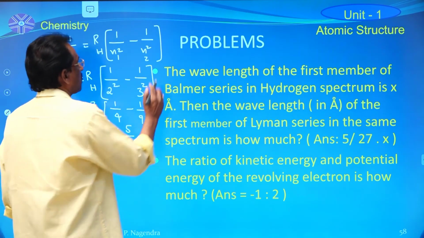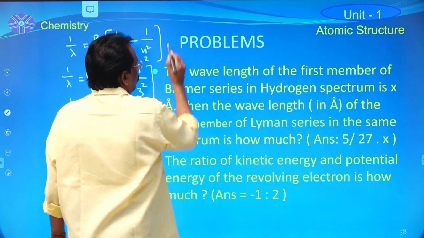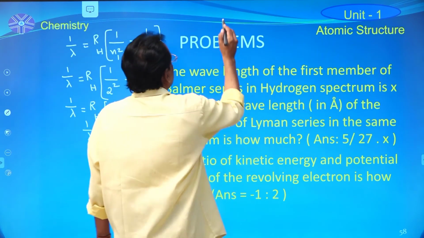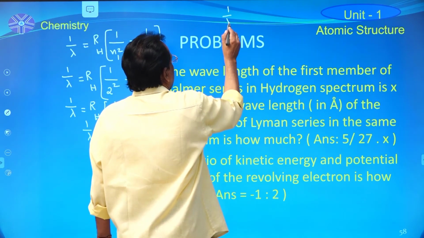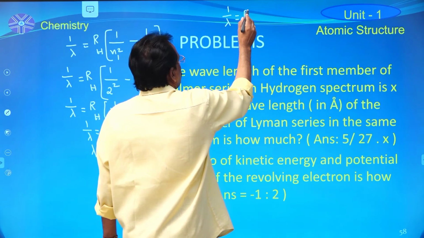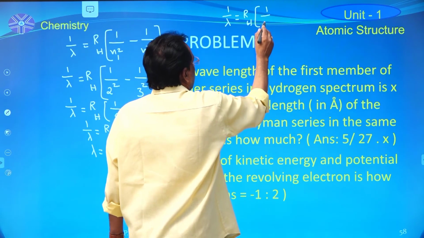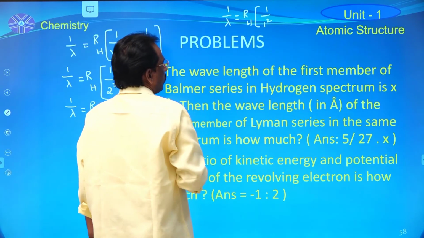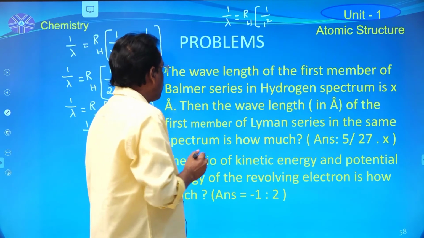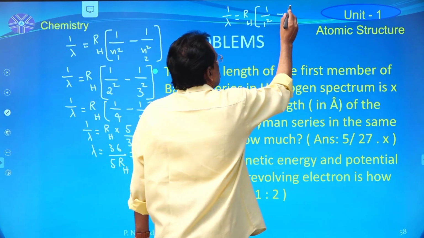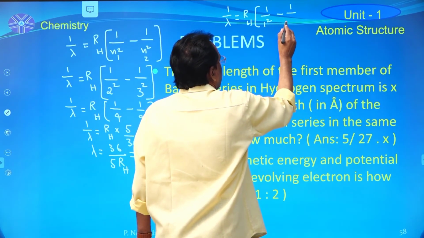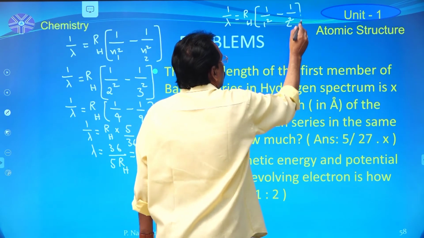For the Lyman series, 1 by lambda is equal to RH into 1 by 1 square minus 1 by n2 square. First member means n2 is equal to 2.